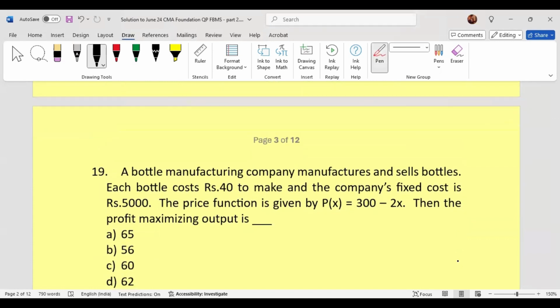So first of all, let us find out the revenue of x. Revenue R of x equal to x multiplied by P of x, means quantity multiplied by the price. That is equal to x times 300 minus 2x. So R of x becomes 300x minus 2x squared.